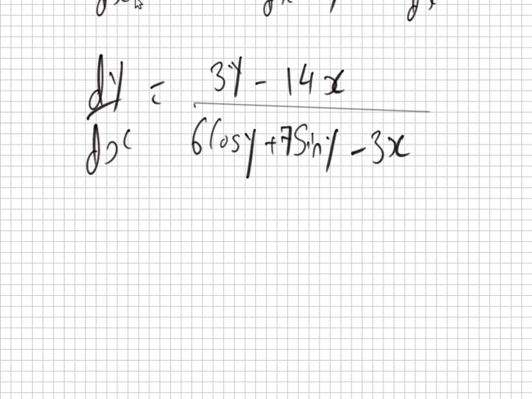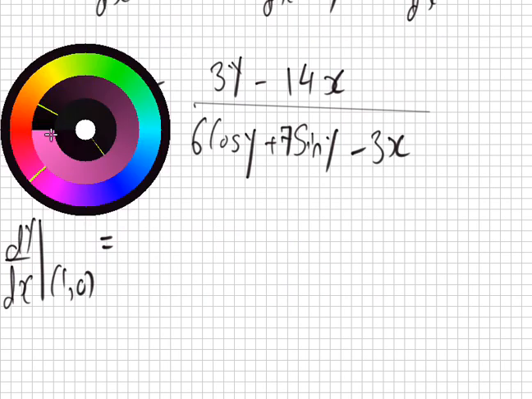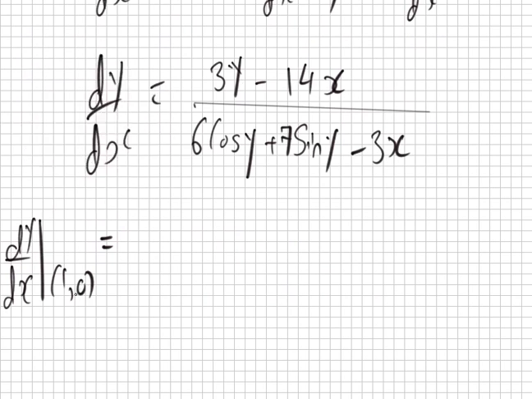Now, what's my first point? 1 and 0. So if I put in x is 1 and y is 0, y is 0 for both of them, isn't it? So that's always gone. That's always 1. So you'd be left with minus 14 over 6 minus 3, which is 3.